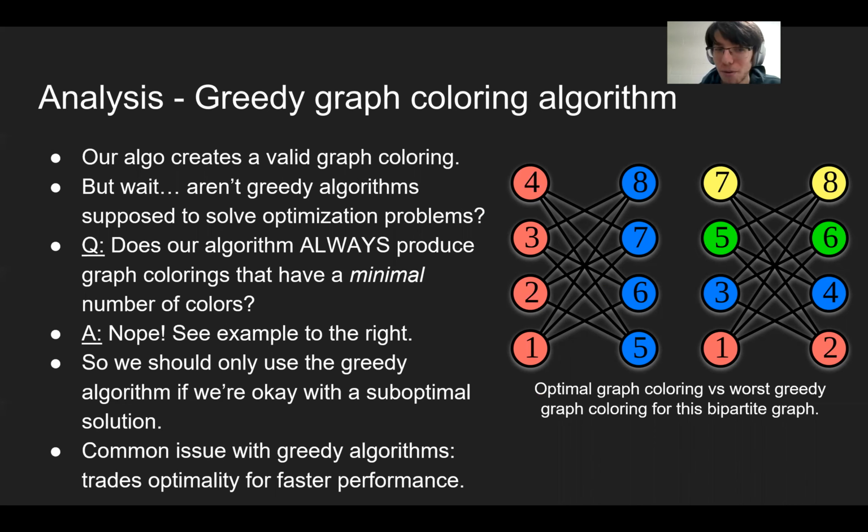So, does our algorithm always produce graph colorings with a minimum number of colors? The answer is absolutely not. Just looking at the example on the right, we can see that the greedy approach did not work at all in this particular case because we used 4 colors and we only should have used 2.